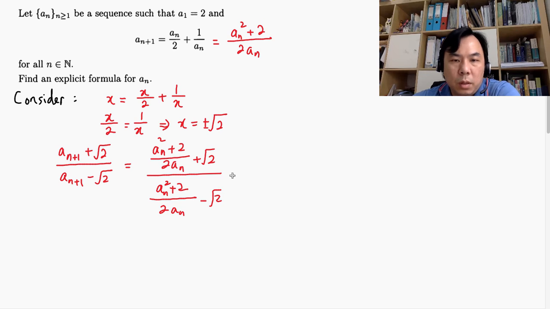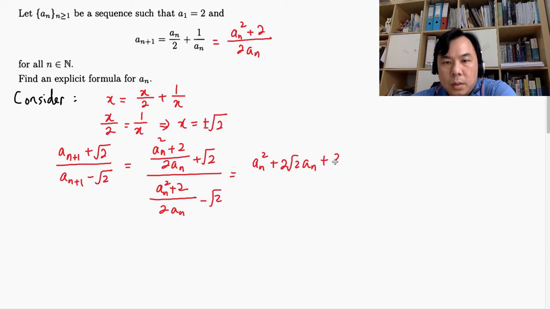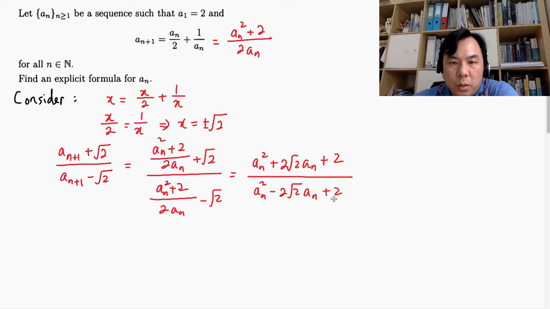And then of course, doing a bit of algebra manipulation, we will be able to obtain an squared plus 2 root 2 an plus 2 here divided by the same denominator, just that we have 2 root 2 an plus 2 here. All right, so that's how it looked like.